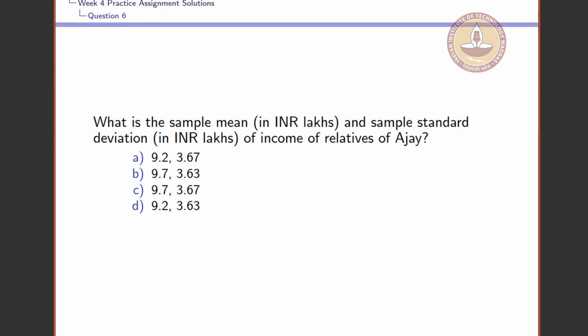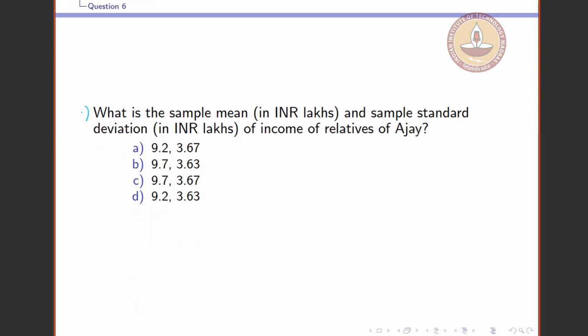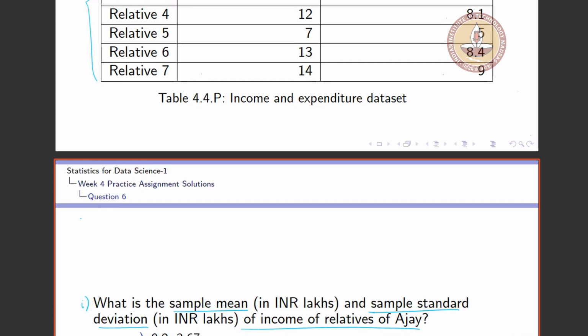So let's move to the first question, that is, what is the sample mean and sample standard deviation of income of relatives of Ajay? First, let's denote the income of relatives of Ajay by Xi and expenditure of relatives of Ajay by Yi, where i is varying from 1 to 7.